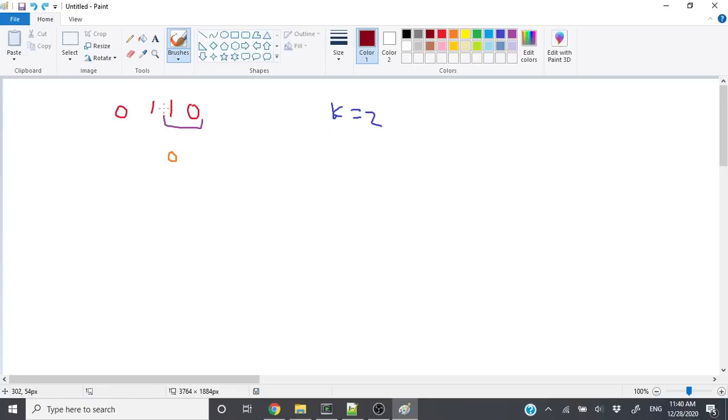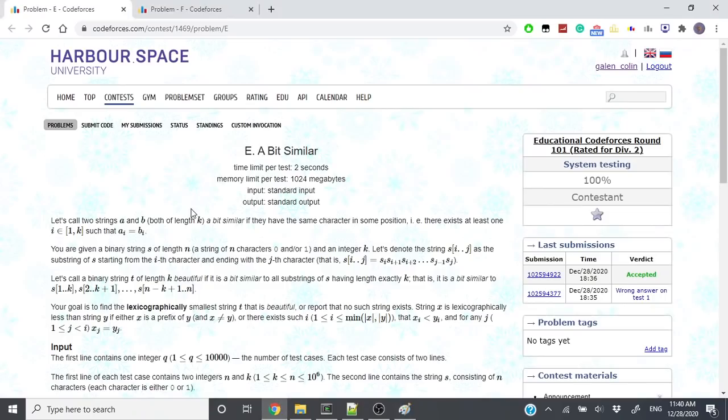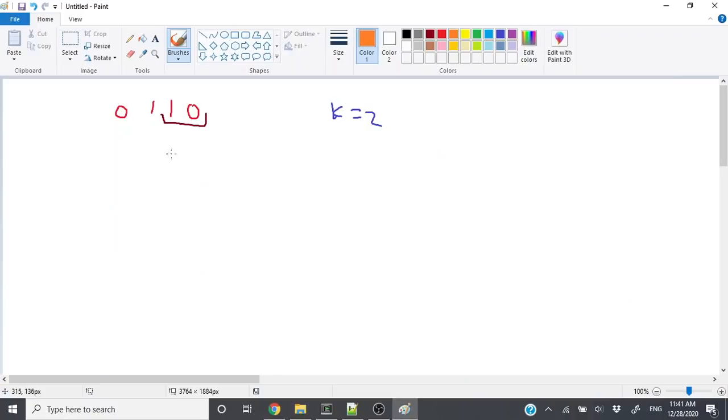A separate way of thinking about this is that this substring of length 2 invalidates exactly one possible candidate string, specifically the exact complement. So this one will invalidate this. This one will invalidate this one. And this one will invalidate the complement of that, which is this.